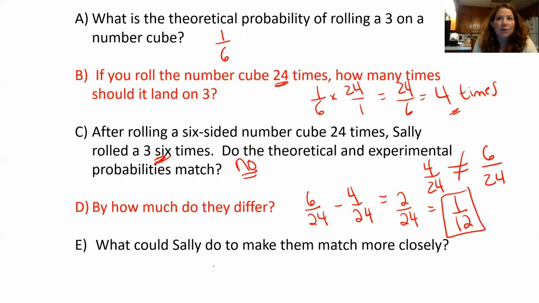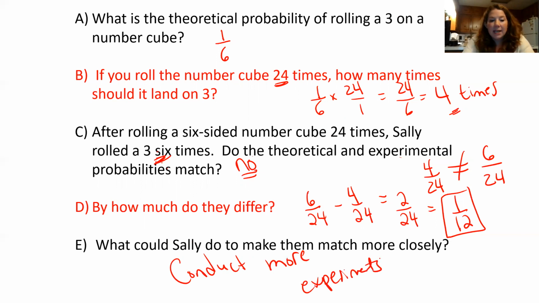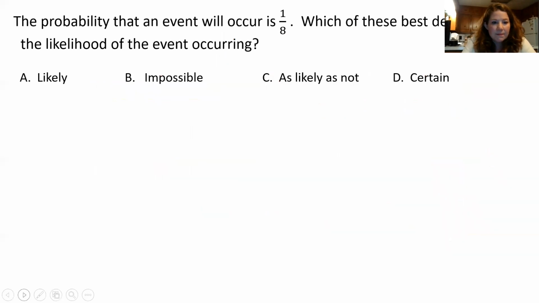Well, what could you ever do to make the theoretical and experimental probabilities match more closely? The answer will always be to conduct more experiments. Do it more than 24 times.